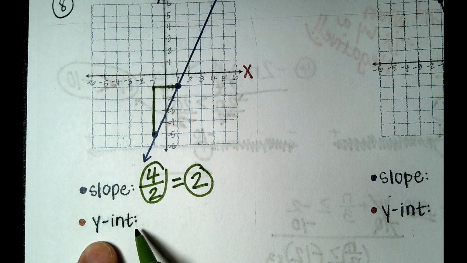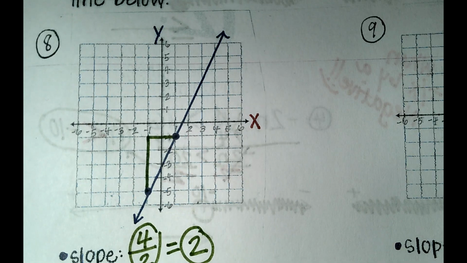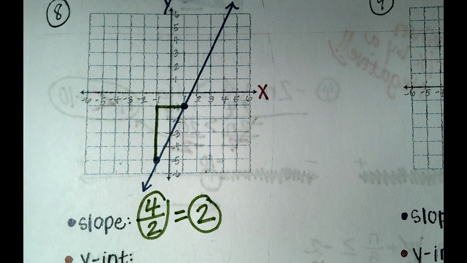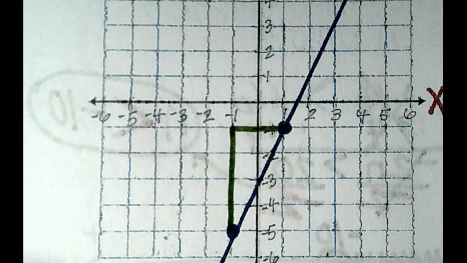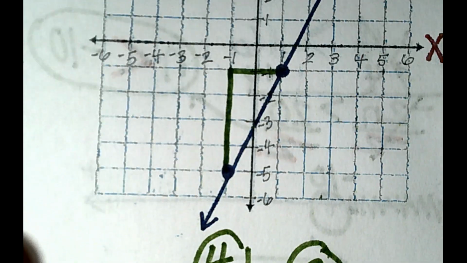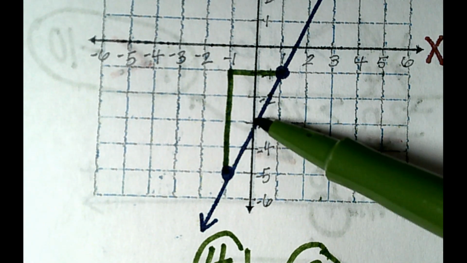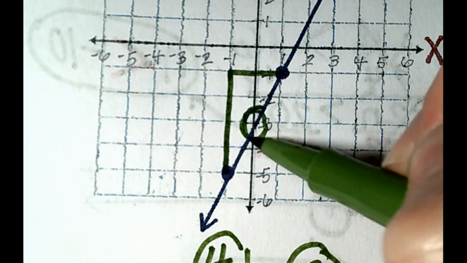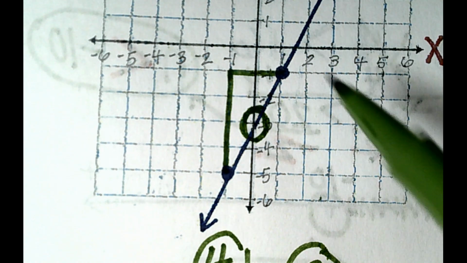Now, y-intercept. This one, I'm going to zoom in real close as much as I can. The y-intercept is where my line touches the y-axis. No, there's not a point here, but this is still where the line is crossing the up and down line, the y-axis.